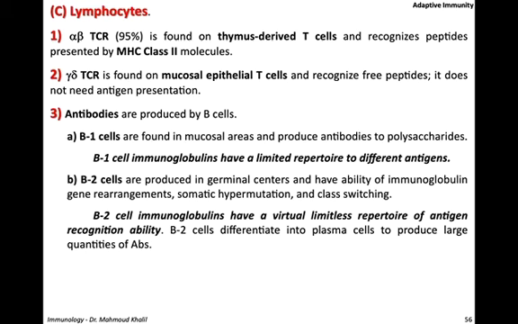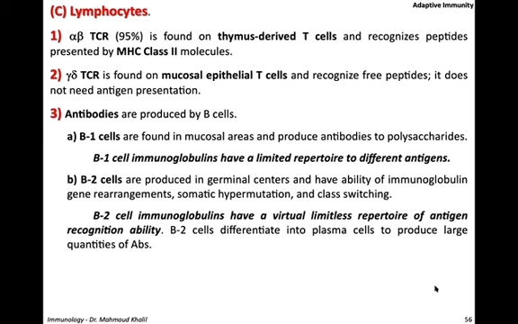And they have the ability of doing a lot of rearrangement, somatic hypermutation, and class switching as well. The B2 immunoglobulins, meaning the antibody secreted from the B2 cell type, have virtually limitless diversity of antigen recognition ability, and they can differentiate into plasma cells.